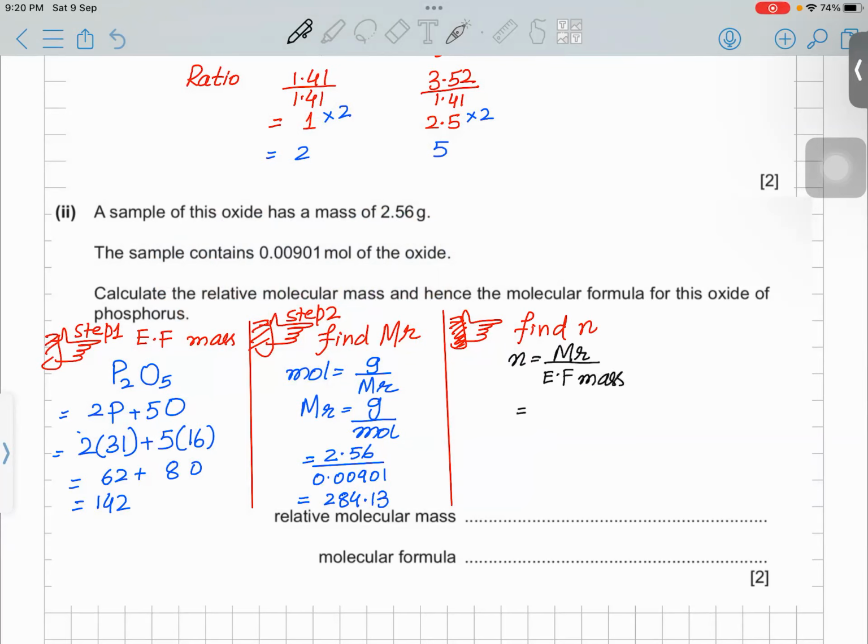So MR is given, which you have calculated, 284.13, and empirical formula mass is 142. Sir, it's 2. Not exactly 2, but 2.00. 2.00 means 2.